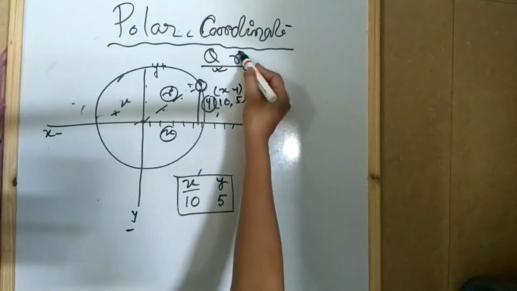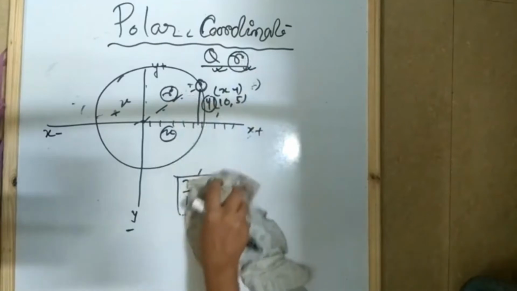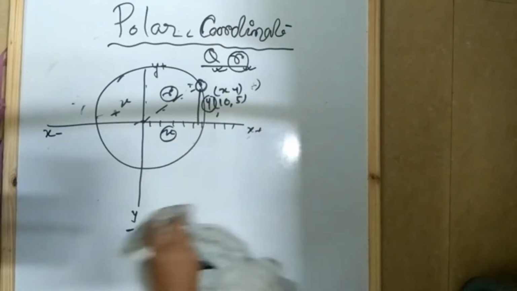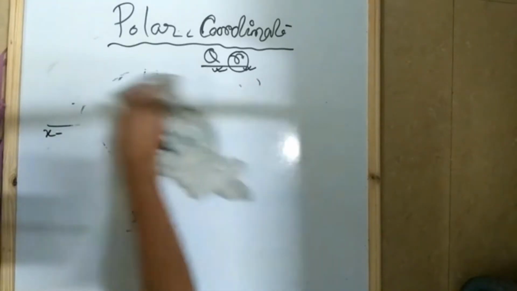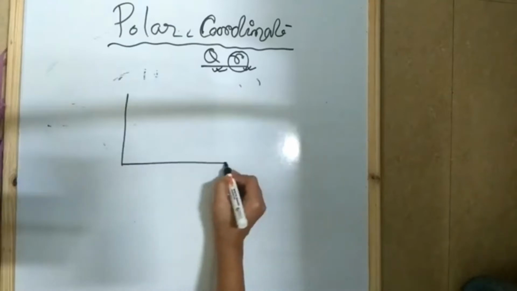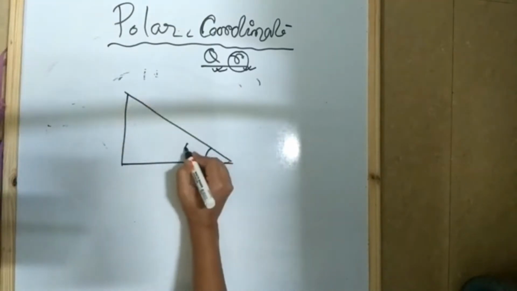First, we have to calculate the r value. For the r value, we use the Pythagorean formula. According to the Pythagorean formula, suppose this is a triangle with a 90 degree angle, and this is theta.